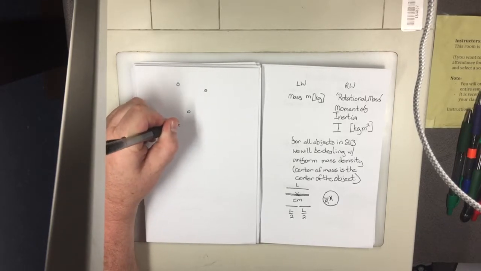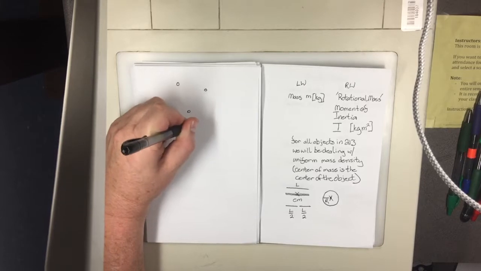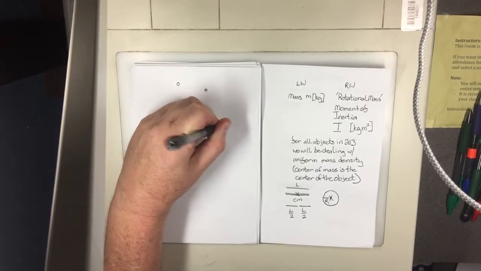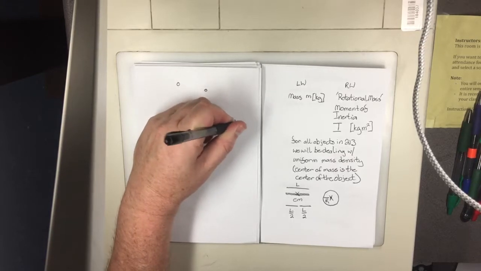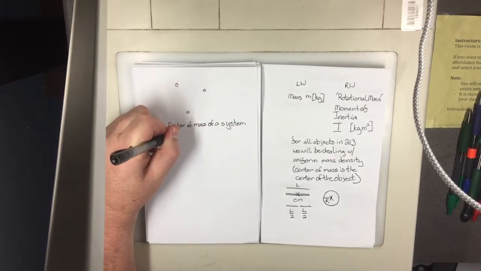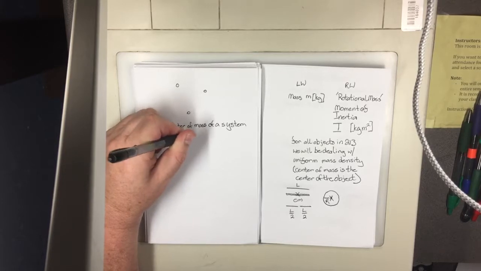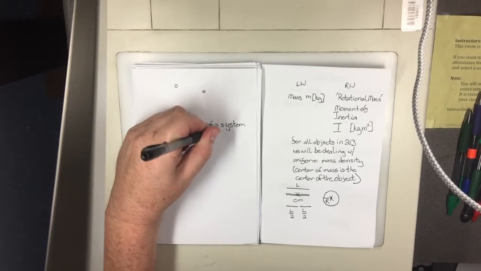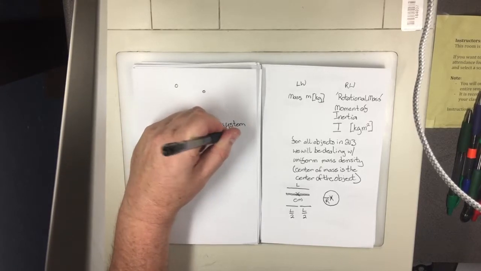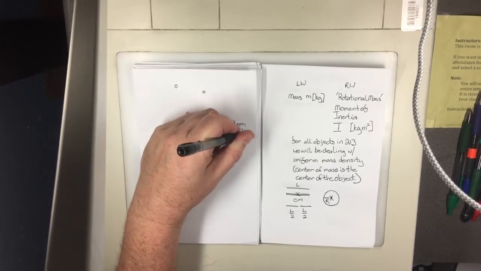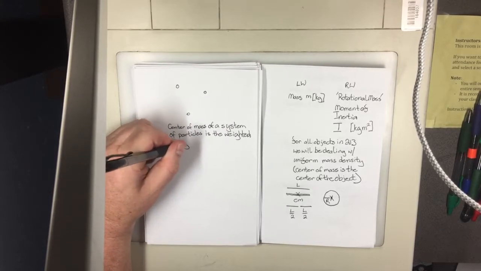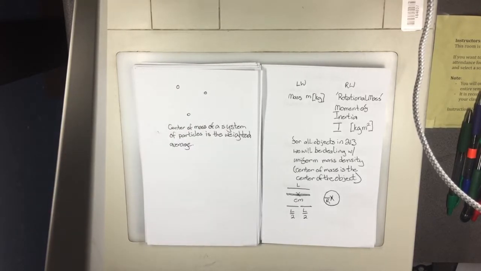The center of mass of a system of particles is the weighted average. So you're going to have a weighted average of these systems of particles.